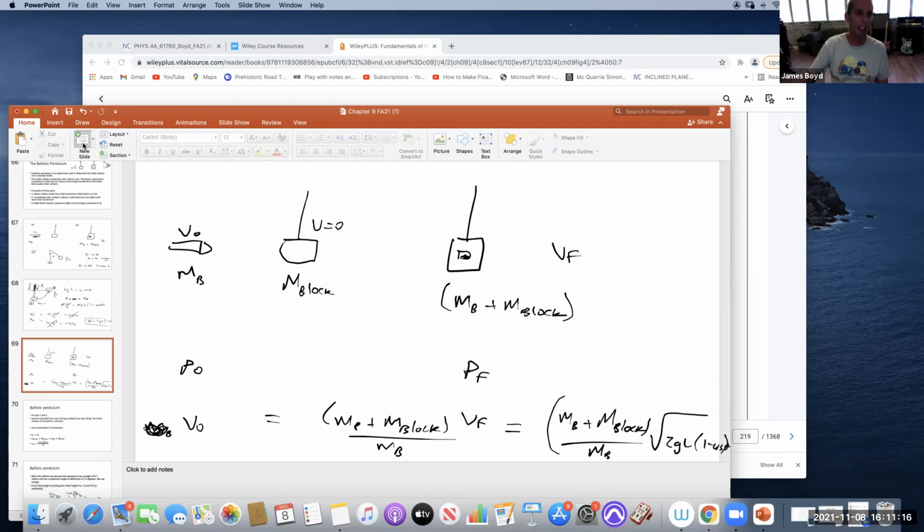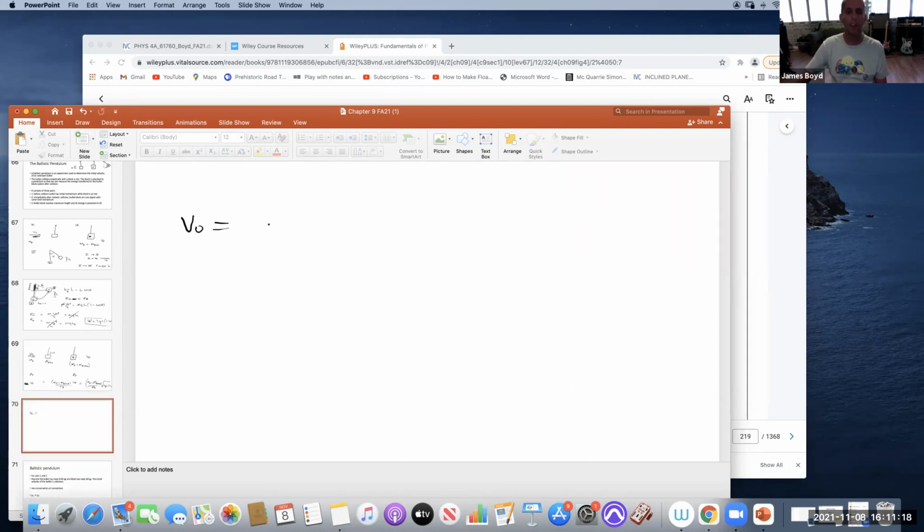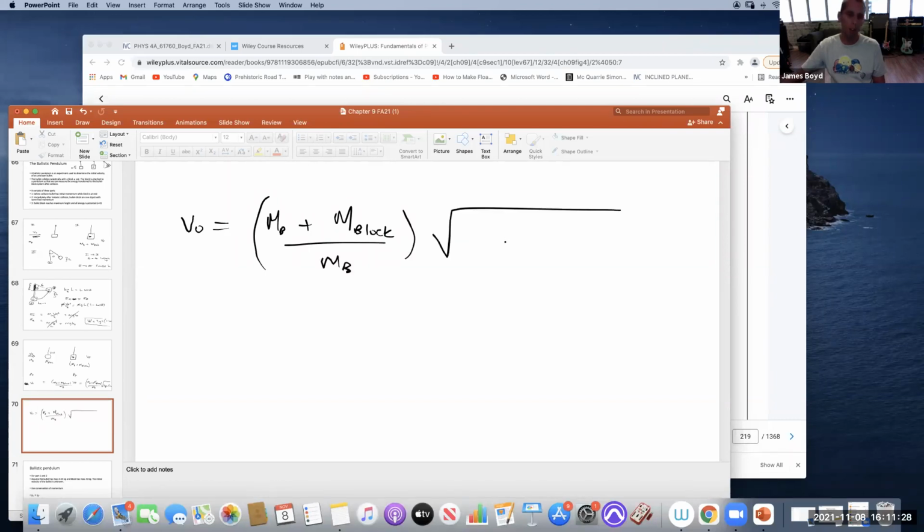So let me write that anew: V initial is equal to M of the bullet plus M of the block divided by M of the bullet, times the square root of 2 g L, where L is the length of the string holding the block, times 1 minus cos theta. Cool problem because if you know how to do it, it's really fast. The energy part's not hard, it's just m v squared plus m g h at the bottom, at the top.